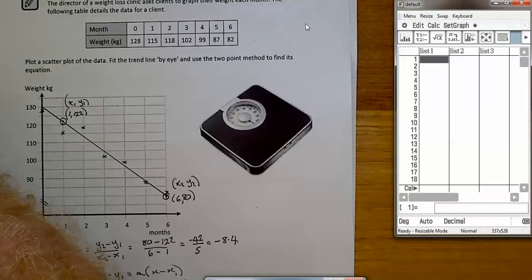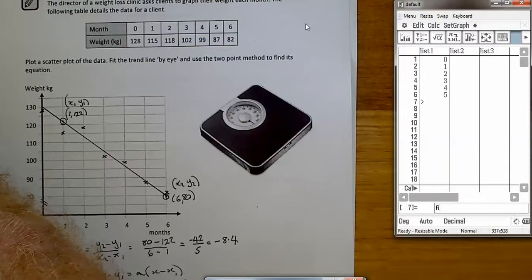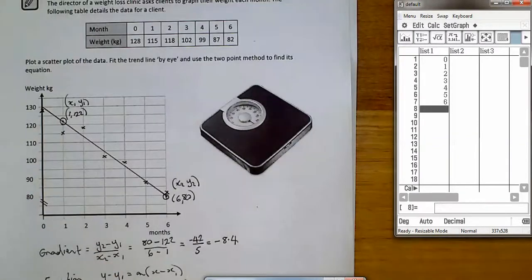So press EXE after each piece of data, so it's 0, EXE, 1, EXE, 2, EXE. Enter all your data down to 6 months, and then toggle across and click in list 2 and enter your Y data.